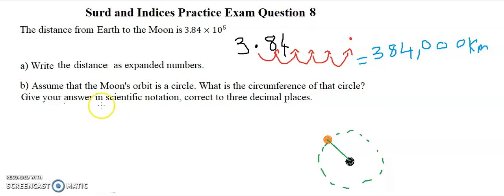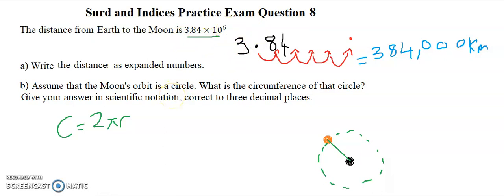So if we're thinking about circumference is equal to 2 pi r. Now it's saying that we know what our radius is. So we know our radius is 3.84 times 10 to the power of 5.